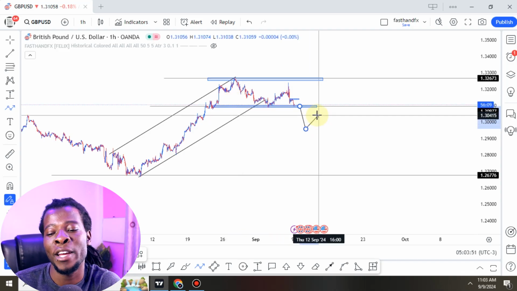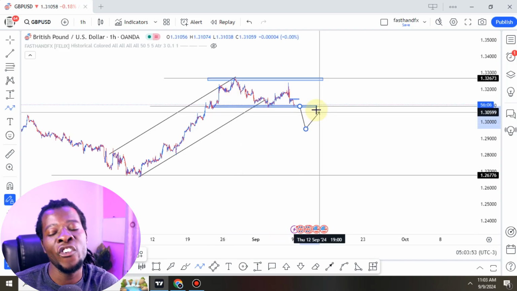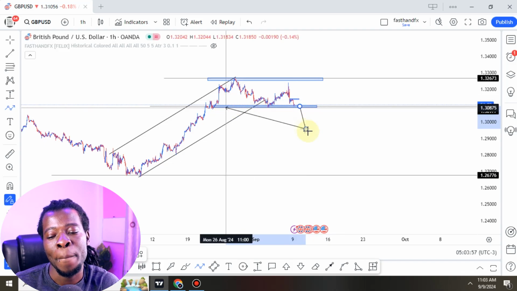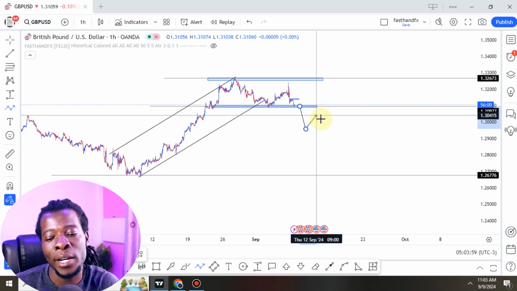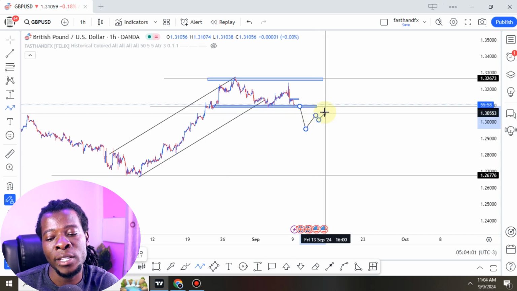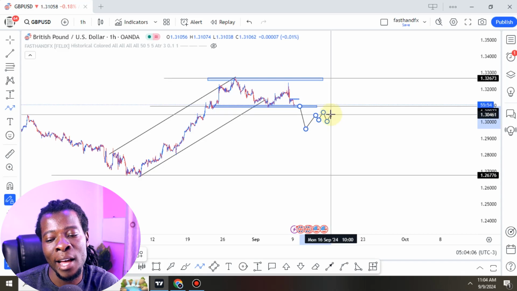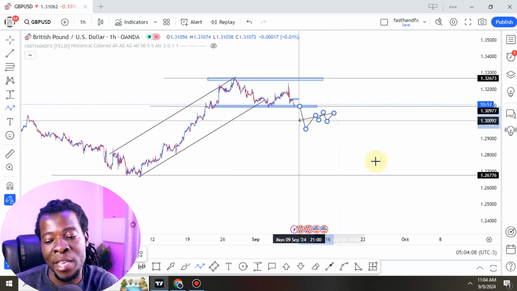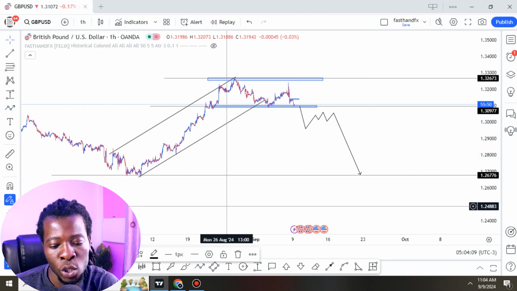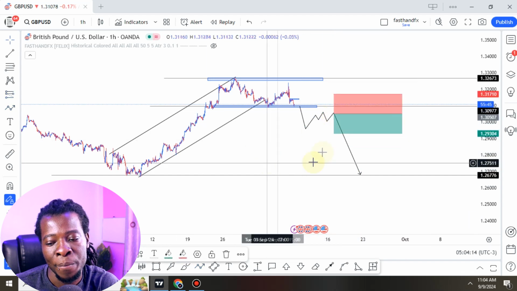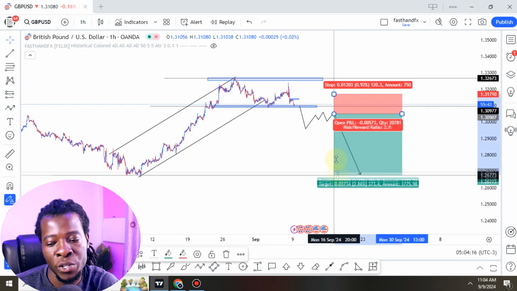So I'm anticipating price to go back once again and create another. Sometimes it might not even touch this level right there, but it might try to go back and start creating a solid resistance zone or a supply zone, something like this. Once I spot this kind of behavior, then I'm going to look for my sell positions off a supply zone right there, and now target, boom, which is a good thing.